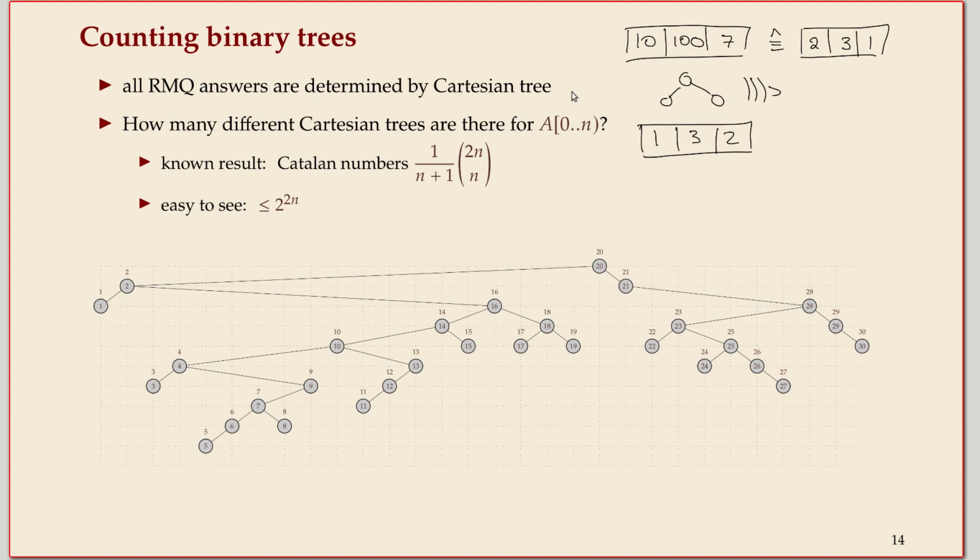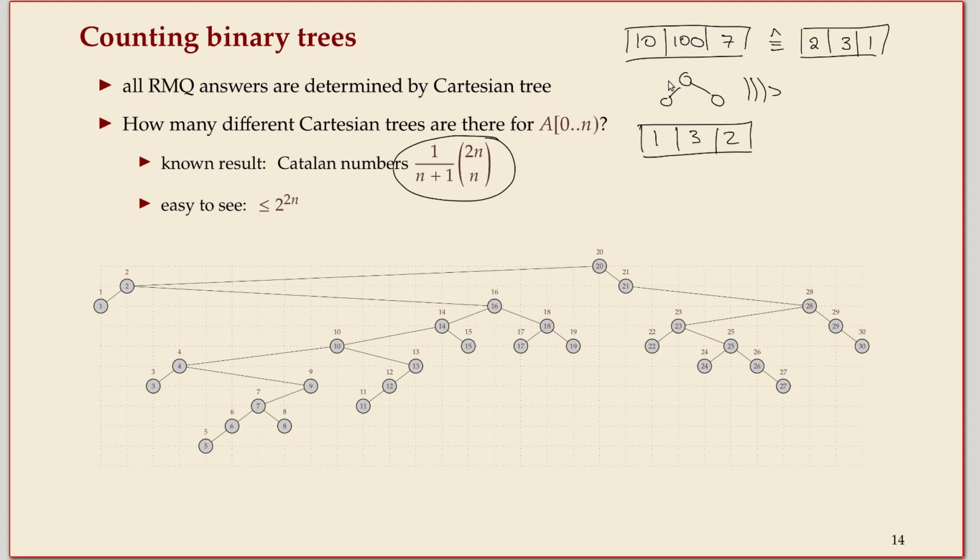So how many different Cartesian trees are there? It turns out, because Cartesian trees are binary trees, this number has actually been studied, and it's exactly this number. It's called the Catalan Numbers, after a mathematician called Catalan. I'm not sure about his nationality. And he found that you can count binary trees and actually many other objects by these numbers.